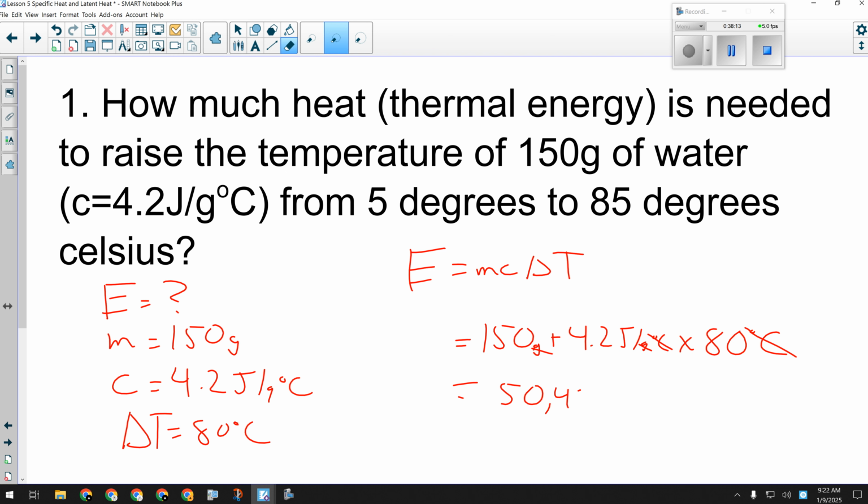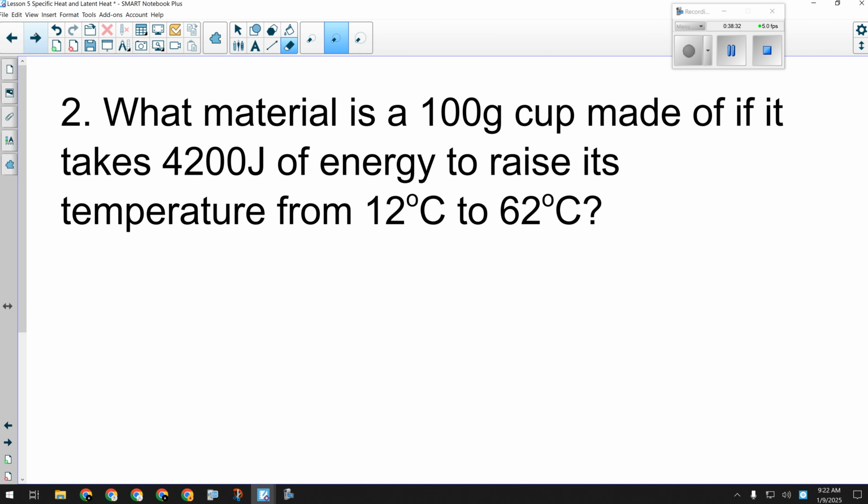Okay, 50,400 joules. Questions on that one? So that would probably be a 4-mark question. You'd get one for your givens, one for picking the right formula, one for plugging in your numbers, and one for your answer. Okay, write this one down and give it a try. All right, then I'll go through it with you here in a sec.